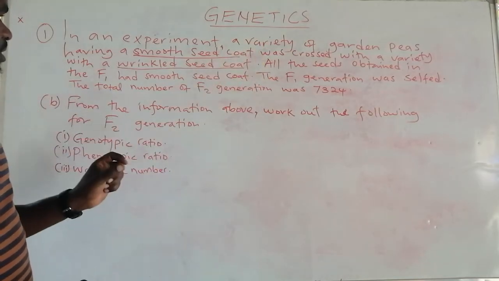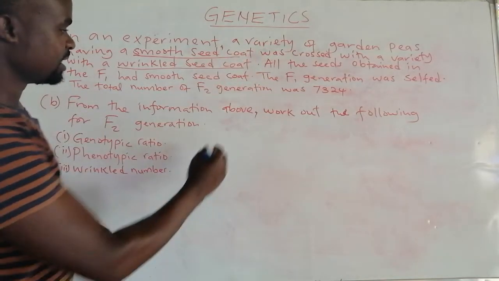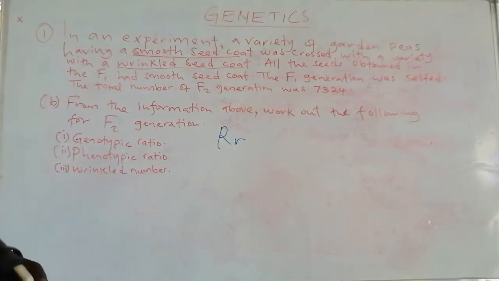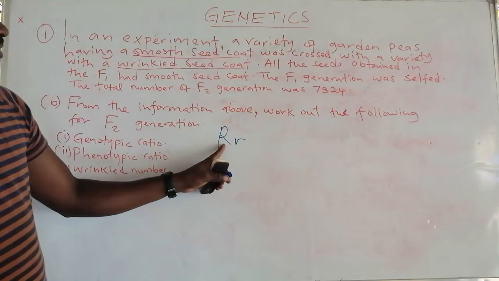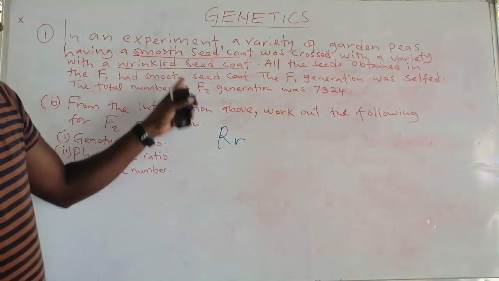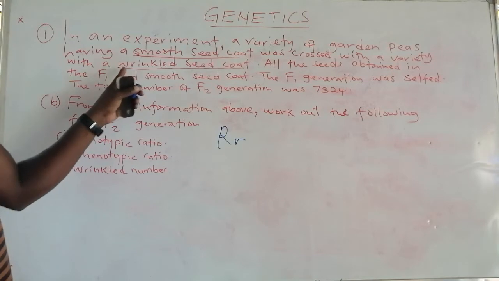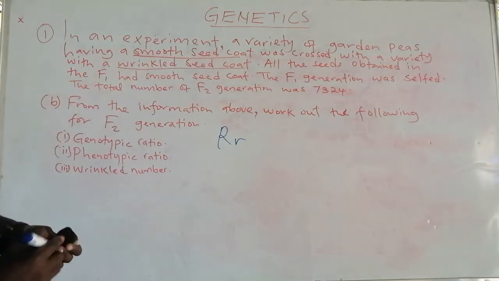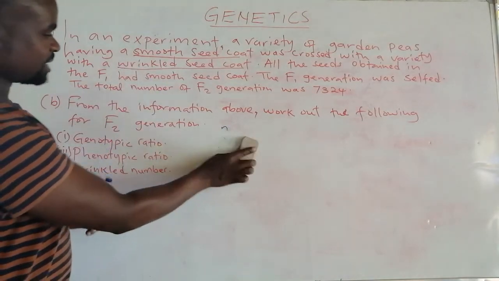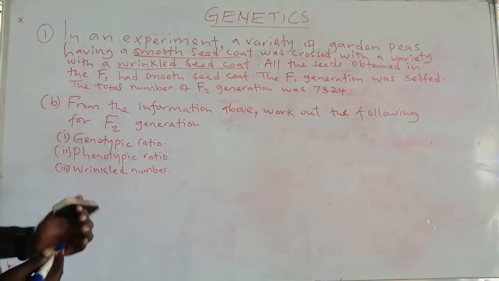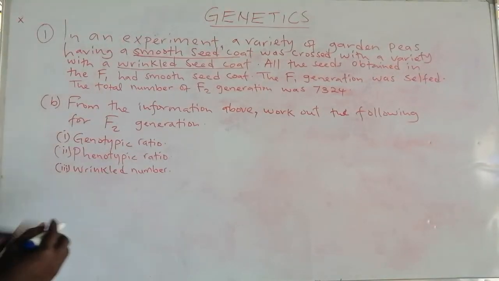Why do we say smooth seeds? Because we had capital R and small r, heterozygous state. That means capital R, which represented smooth seeds, was dominant over the small r that represented the wrinkled seed. So here, for us to obtain F2 generation, we are going to self F1 generation.